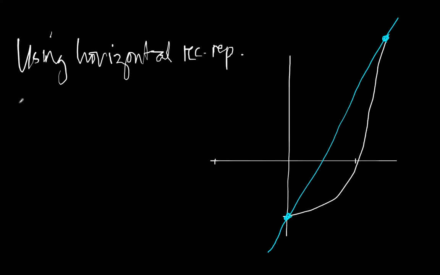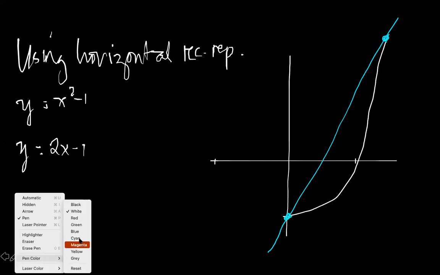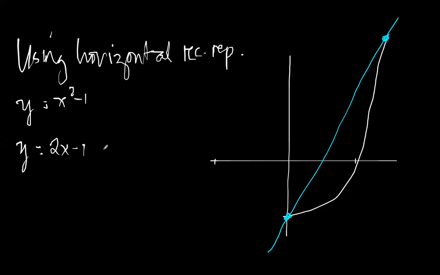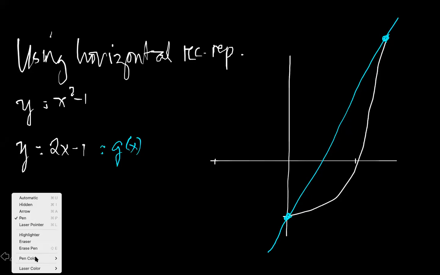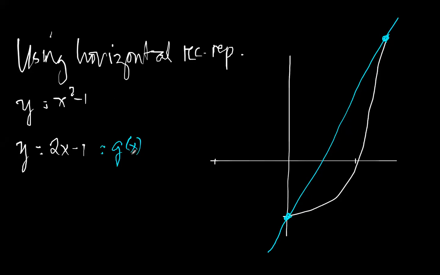Let's copy the problem again. y is equal to x squared minus 1, and y is equal to 2x minus 1. Our cyan is the line, this is our g of x, and our white one is the f of x.